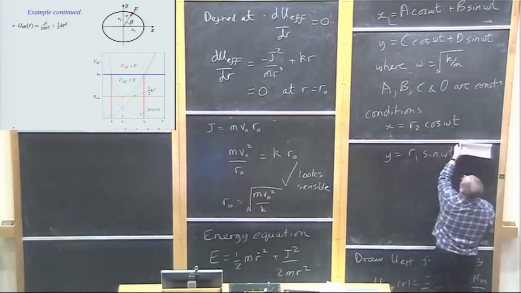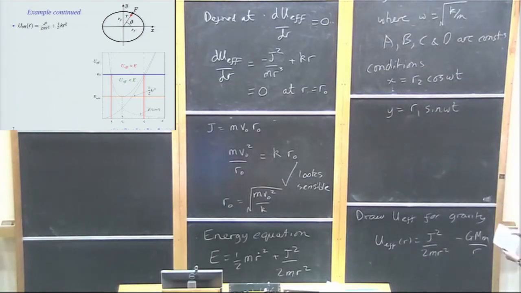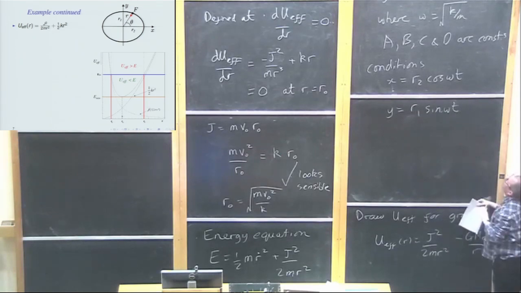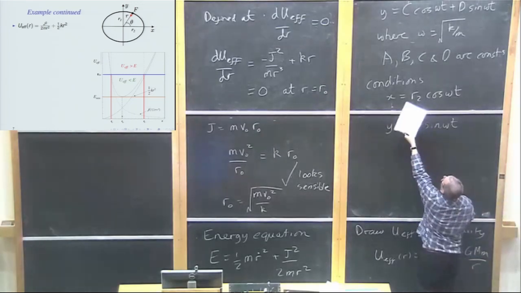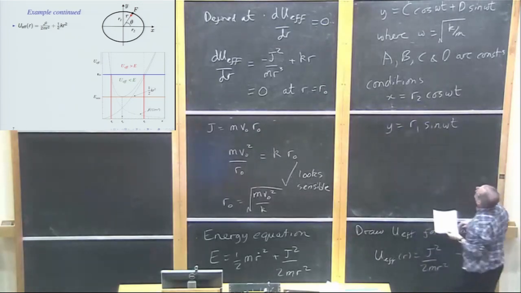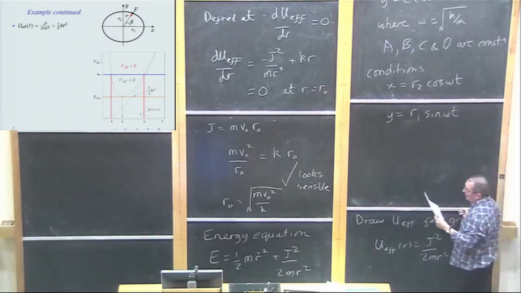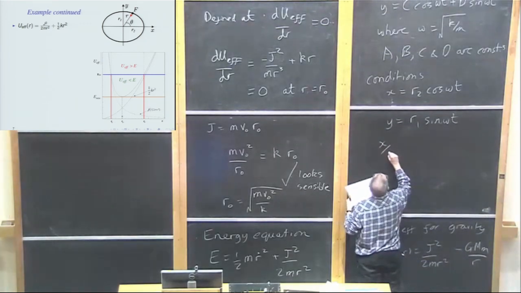That follows just from the boundary conditions which I've written out. If we look at the form of these solutions, if I divide x by R2 and y by R1, we're going to have a cosine omega t and sine omega t, and if we square those, let me just do this.